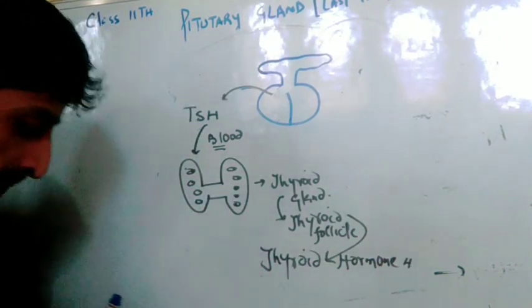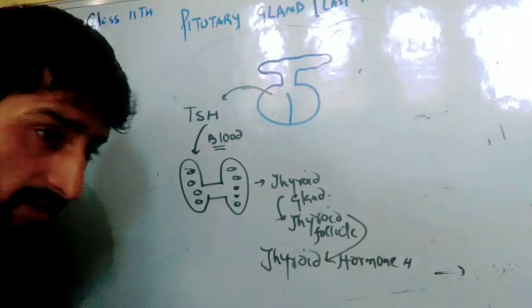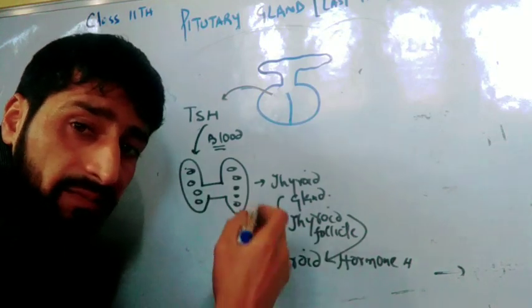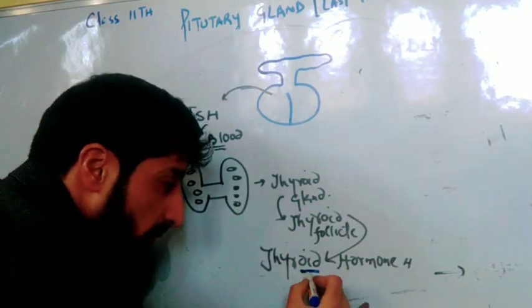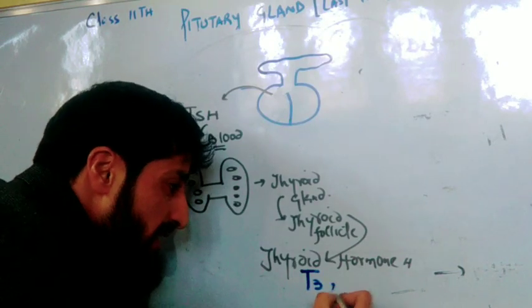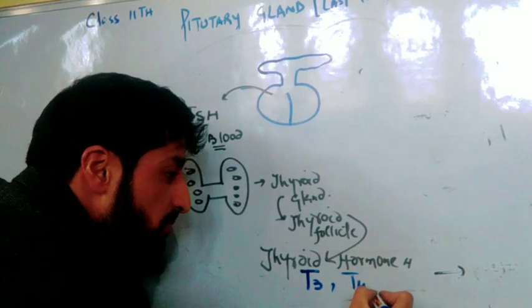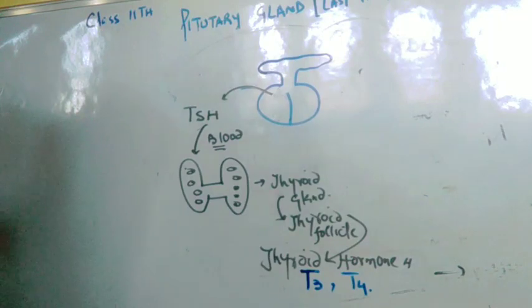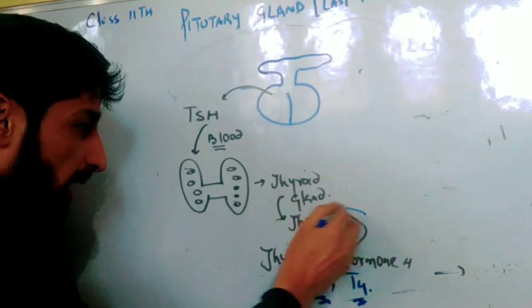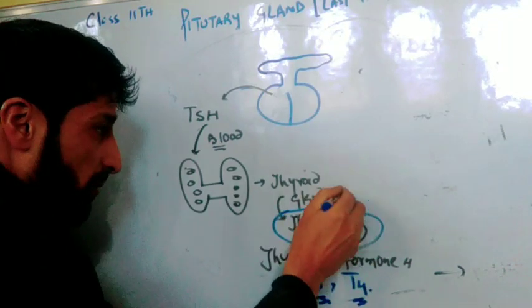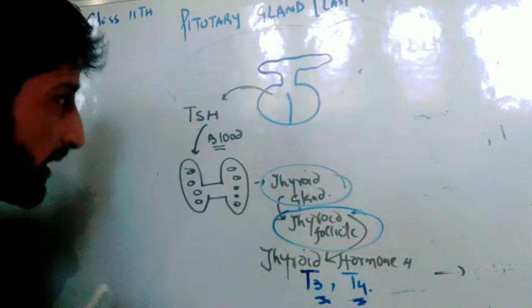If you study NCERT, there you will see there are two important thyroid hormones. One is known as T3, the second is known as T4. These two hormones are produced by thyroid follicles, which are present in the thyroid gland.